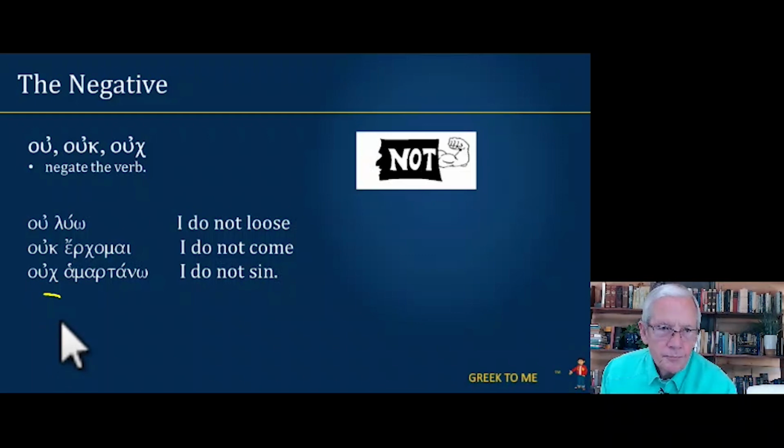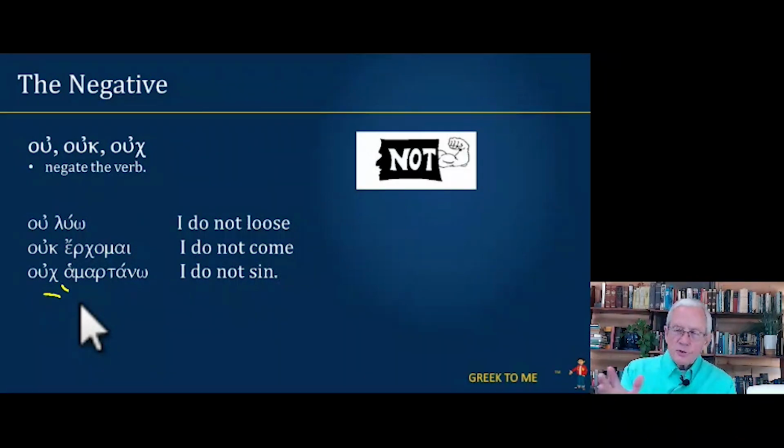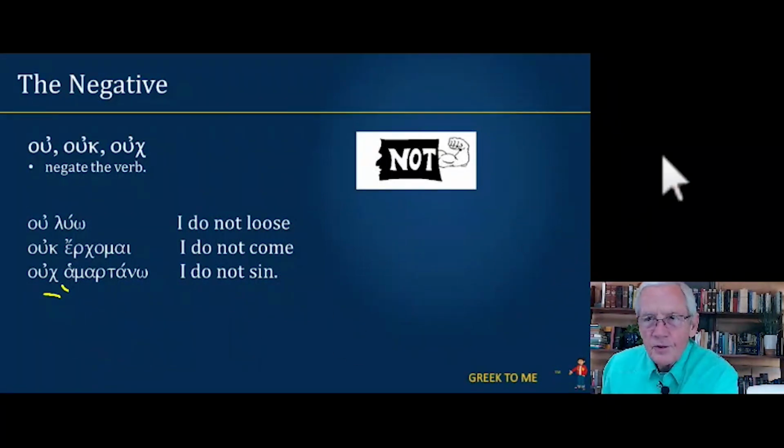Ouch. And notice that the vocab word hamartano begins with a rough breathing. Ha. So this is a way of running the two words together as one. Ouch hamartano. The H sound kind of is a glue sound for the negative as well as the verb. So they don't mean anything different. It depends upon the verb that follows.